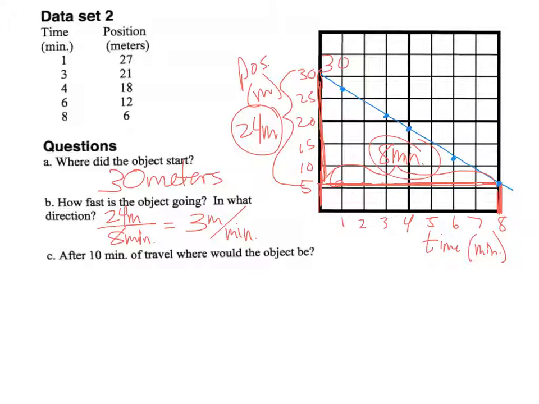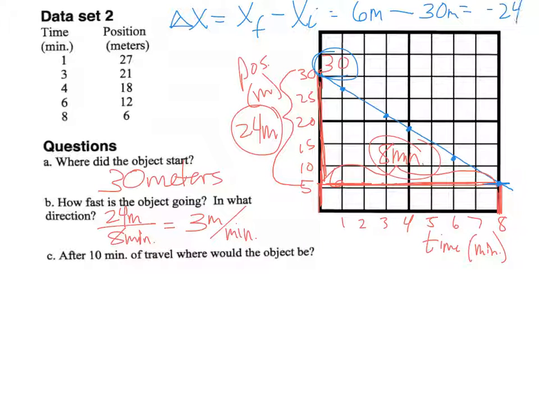The delta x is the final position minus the initial position. The final's down here at 6. Final position of 6 meters minus the initial position, which was 30 meters.